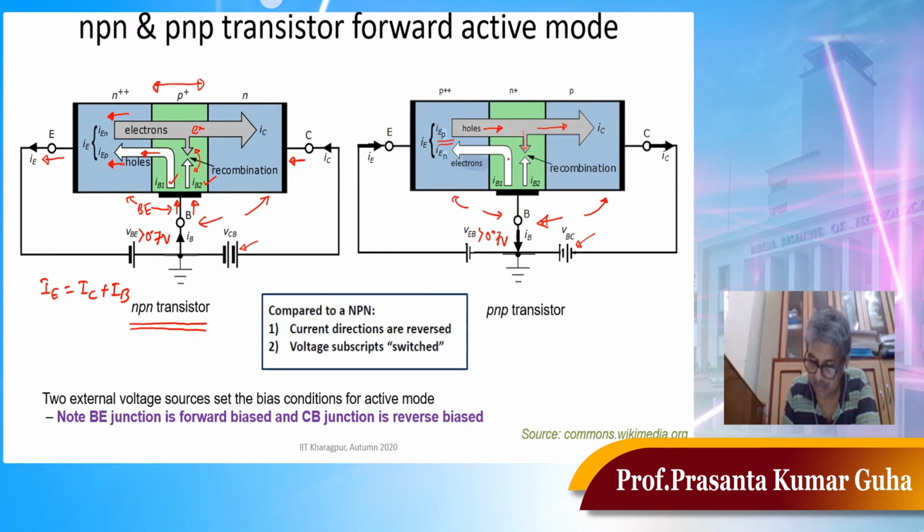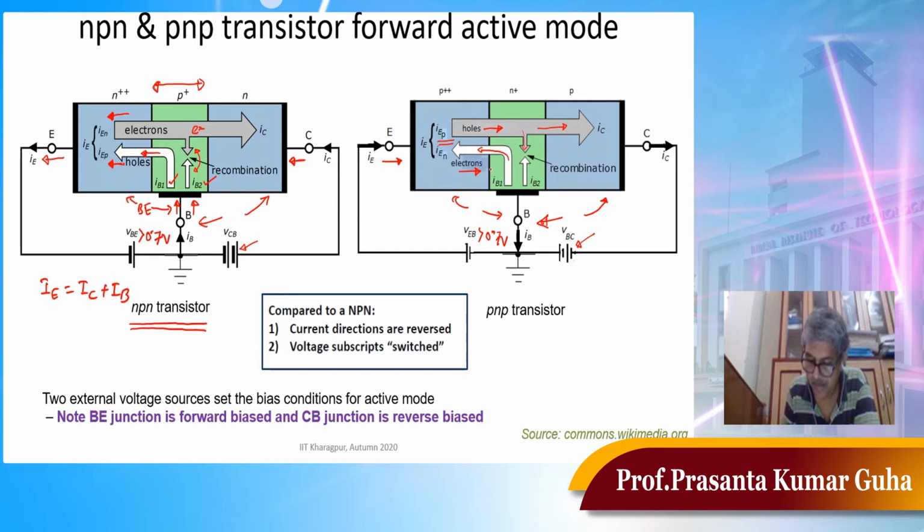Some electrons will be able to cross the junction, this white arrow I am showing, because this junction is forward bias, and because of this movement of electrons there is a direction of current which is opposite to that of the movement of electrons. So IEP and IEN are in the same direction, and the effective direction of the current is from the emitter side, as if the current is entering.